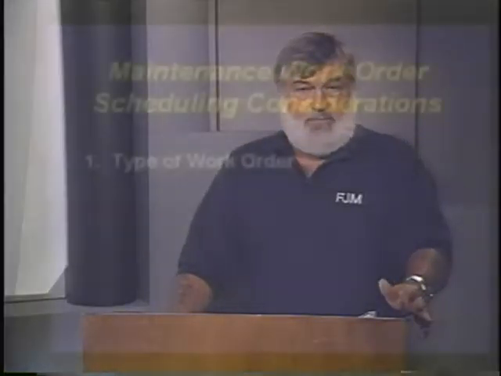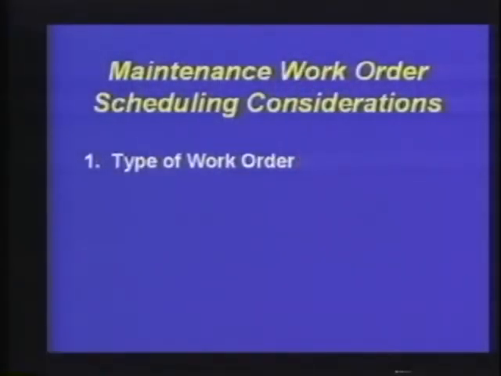Number 1, the type of work, and that would be either planned or unplanned. The date required is the date planned, but ultimately the date scheduled. They could be different. We may have to do some rescheduling of a planned work order based upon maybe the availability of equipment or the availability of spare parts, tooling, and equipment.